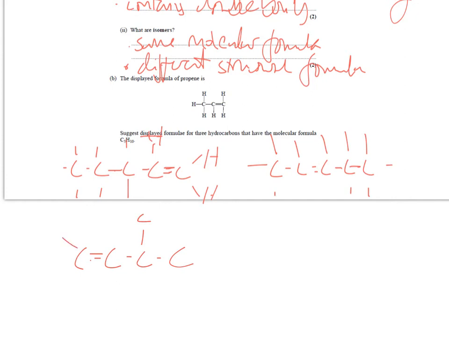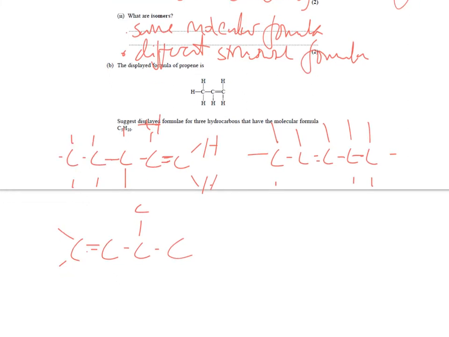Again, put your hydrogens on. And you can see that I'm going to now count up 1, 2, 3, 4, 5, 6, 7, 8, 9, 10. Oh, okay. Are there any others?